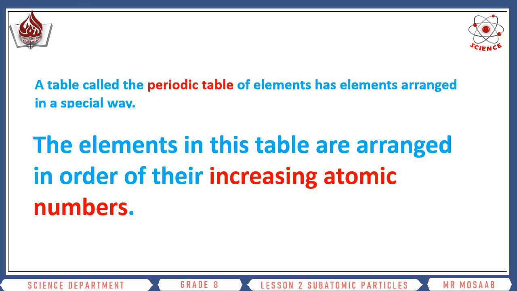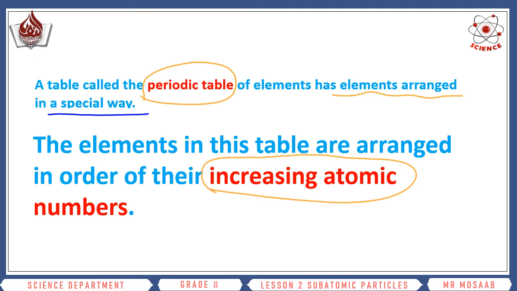A table called the periodic table of elements has elements arranged in a special way. When we ask what a periodic table is, it's a table whose elements are arranged in a special way. The elements in this table are arranged, and this is very important, in order of increasing atomic number.